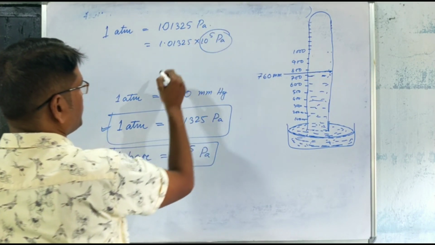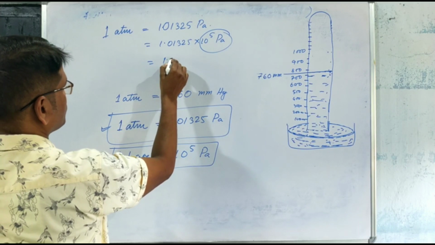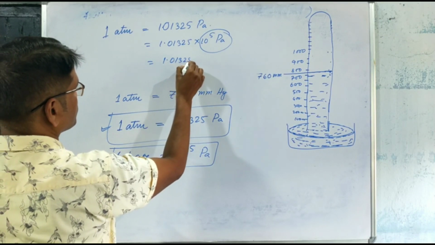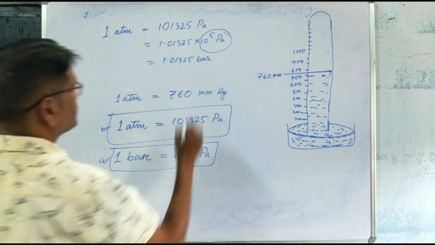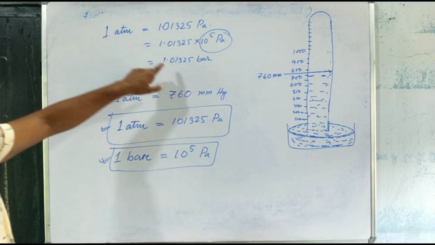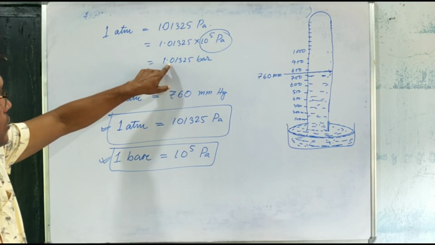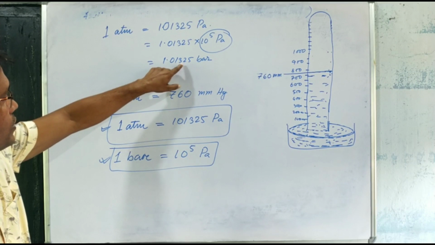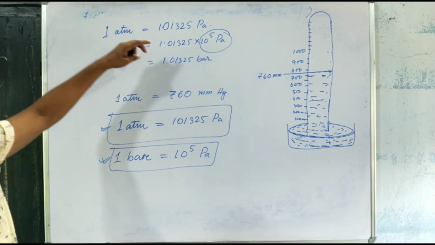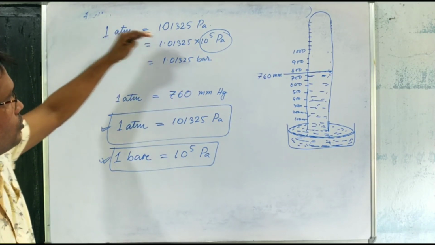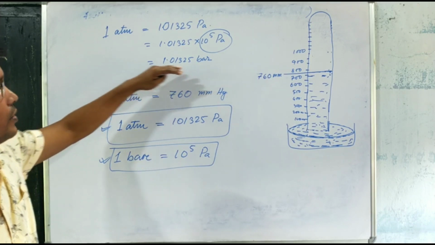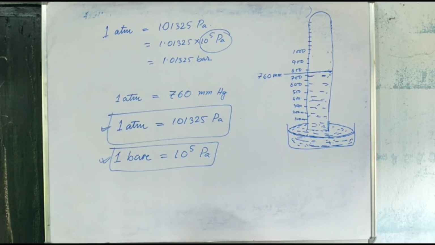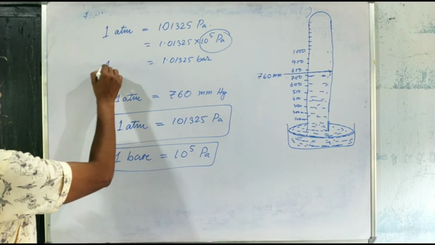Again, you know 10 to the power 5 Pascal is equal to 1 bar. That means 1 atm is equal to 1.01325 bar. If we convert 1 atm to bar unit, this way we can convert it. So you just keep in mind the relation.